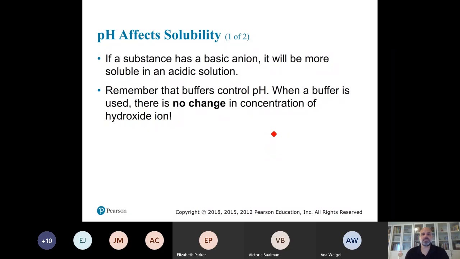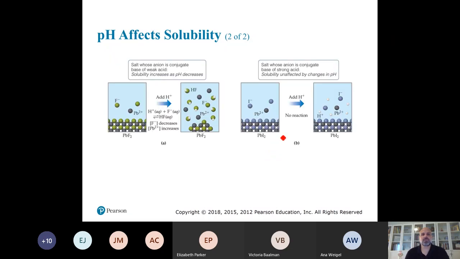This is the last slide that I covered just before we ended last class. We had solid lead fluoride sitting in the bottom of the flask, and a few fluoride ions and a few lead ions floating in solution.